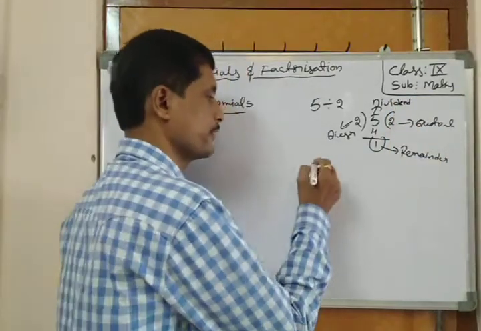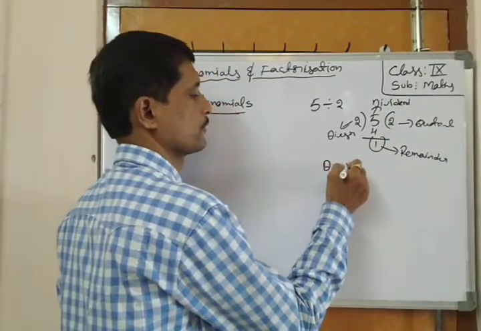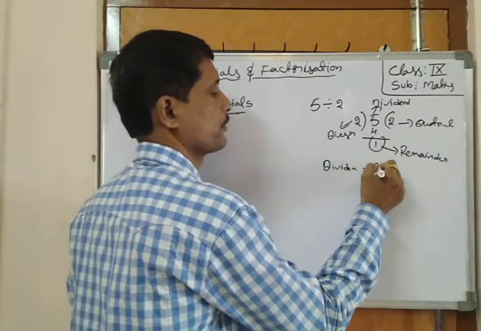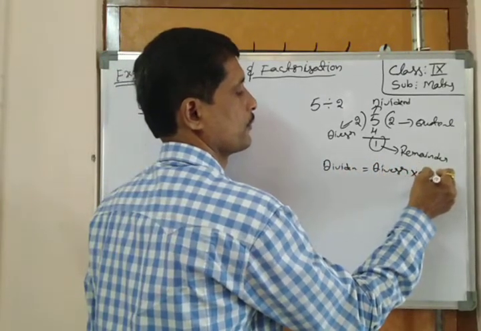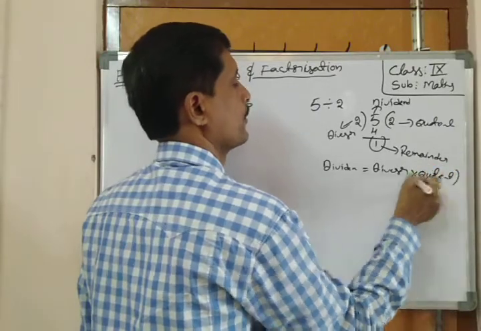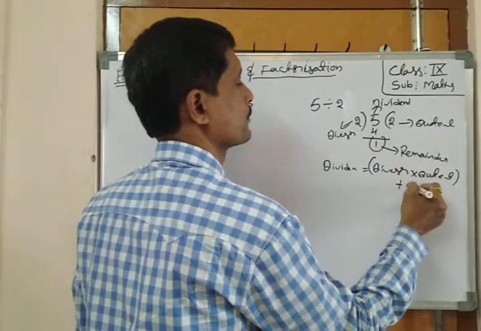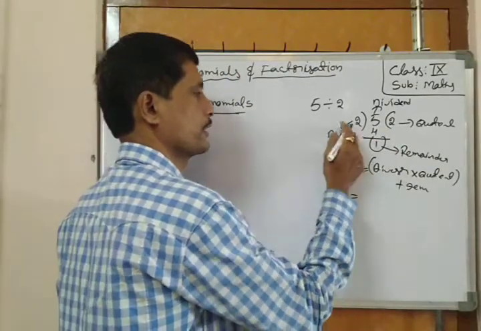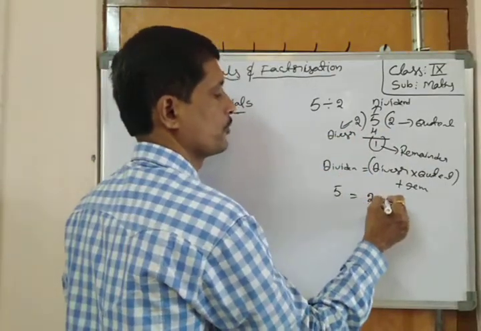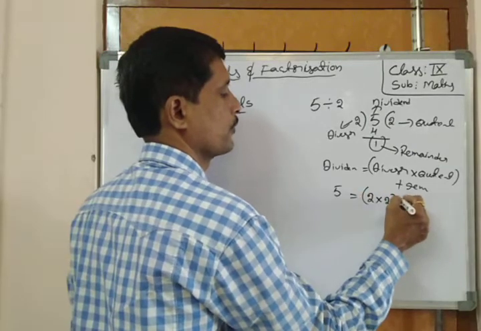Here, dividend equals divisor into quotient plus remainder. See here, dividend, that is 5, equals divisor, that is 2, into 2 plus 1.